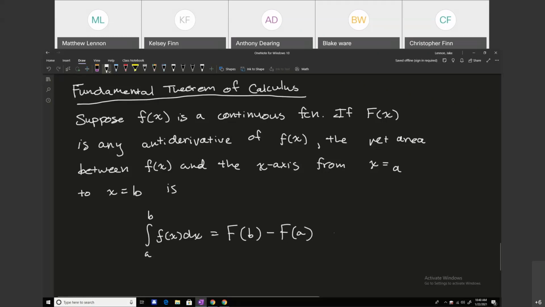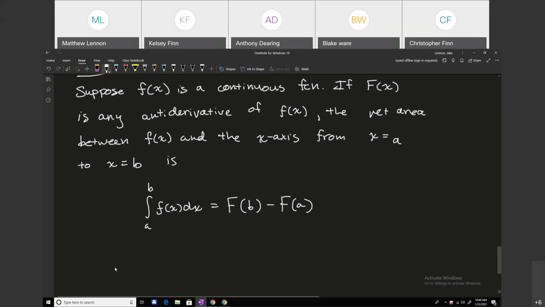So again, we might want to think about what does the picture look like here. So the picture basically says, okay, you have some curve. You have some a value, some b value. So you have some curve.